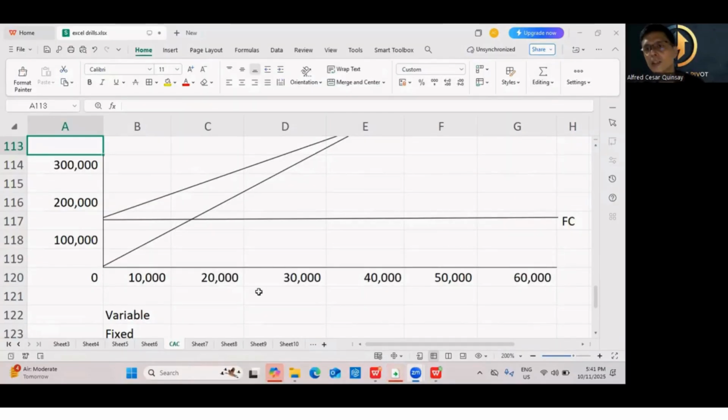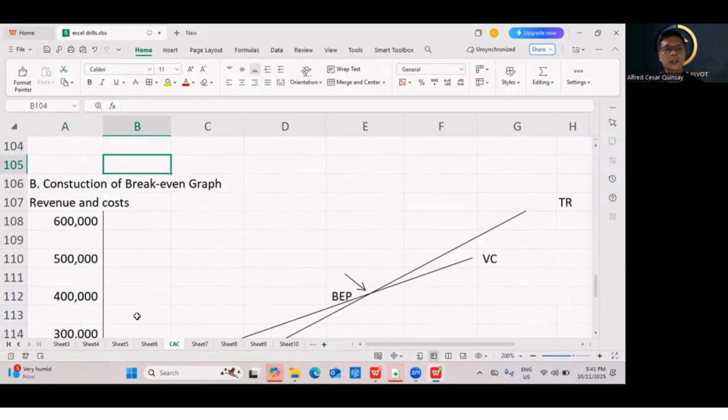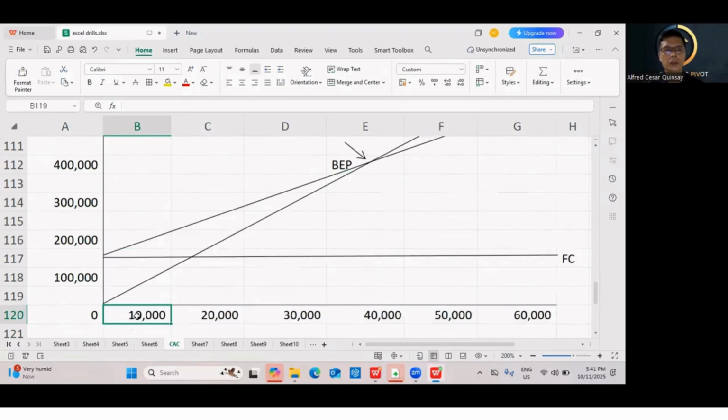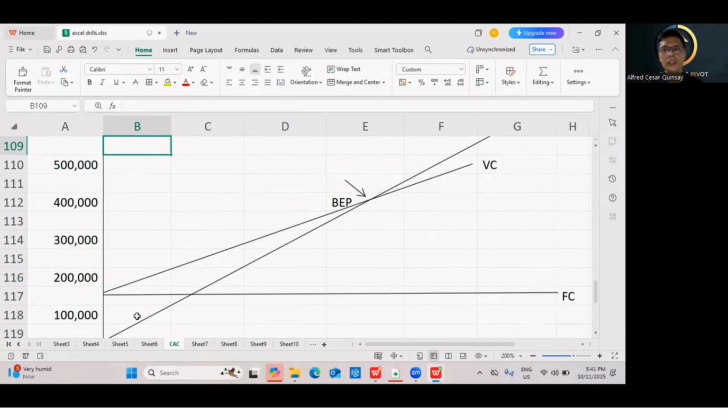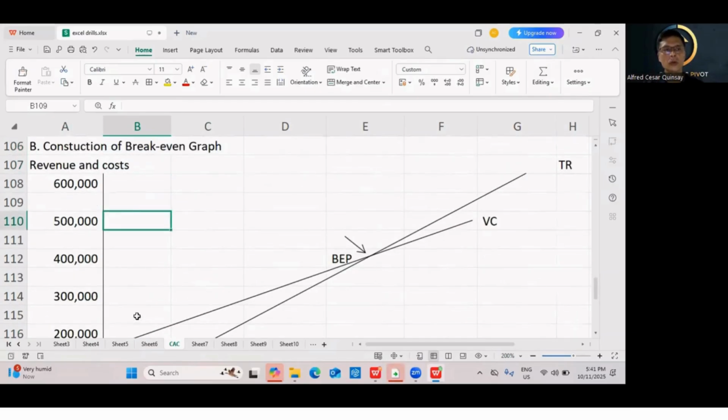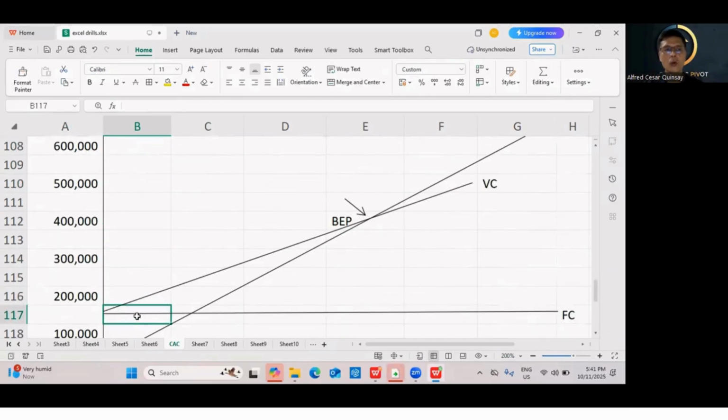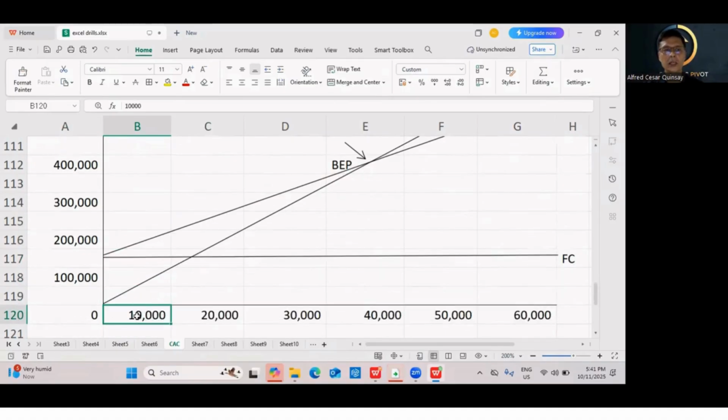But before we dive in, let's talk about the two most essential elements in cost behavior. This is what you call variable and fixed cost. You see in this graph, this is the break-even graph. You can see this vertical line is the revenue and cost, while this horizontal is the units.